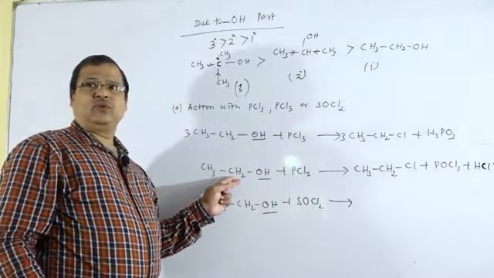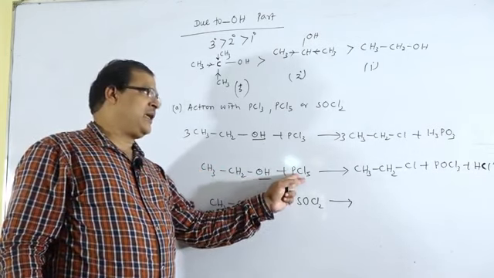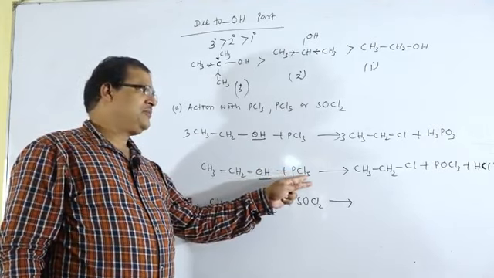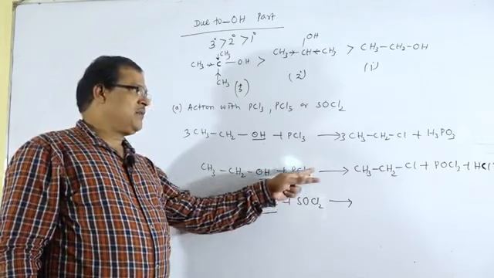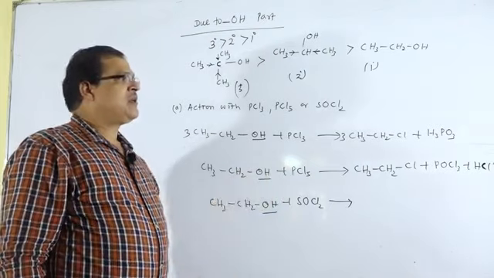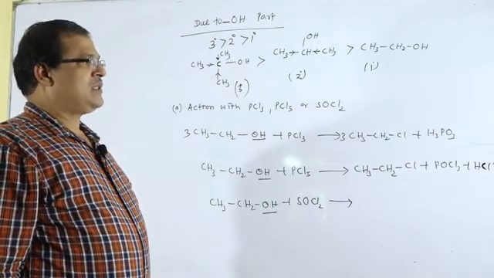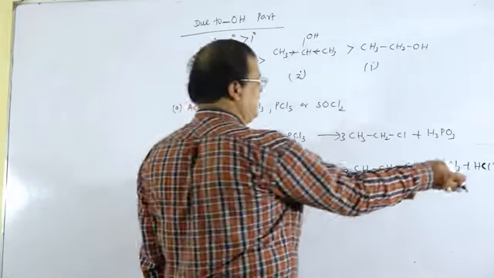CH3CH2OH treated with PCl5, the OH group gets replaced by Cl, forming CH3CH2Cl, and the side products are POCl3 and HCl. That hydrochloric acid is removed as gas.